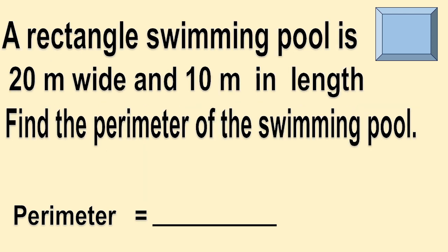Another problem. A rectangular swimming pool is 20 meters wide and 10 meters in length. Find the perimeter of the swimming pool. Time's up. The answer is 60 meters.